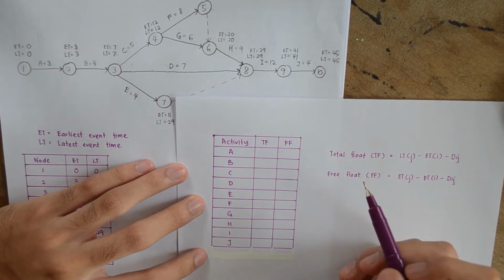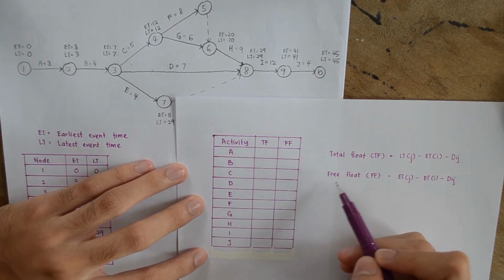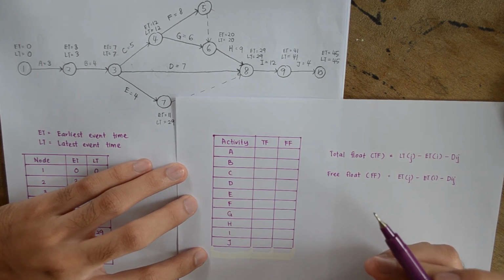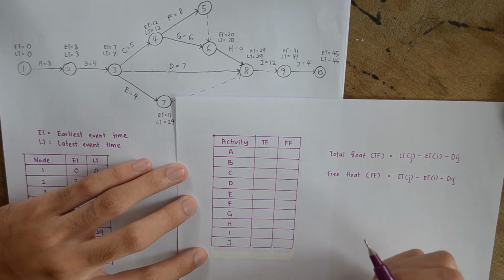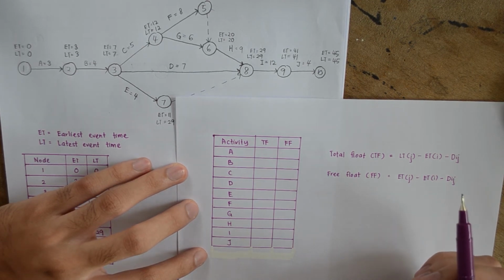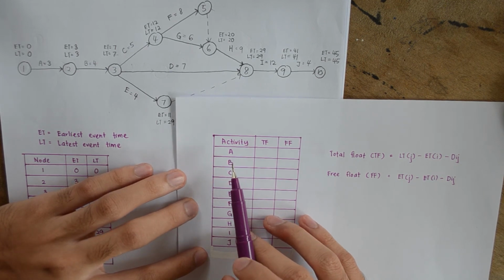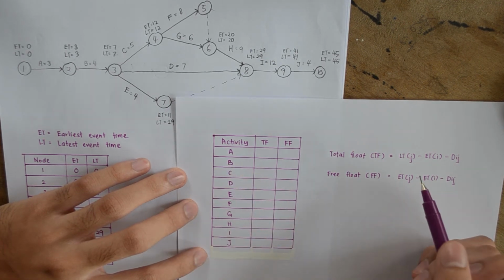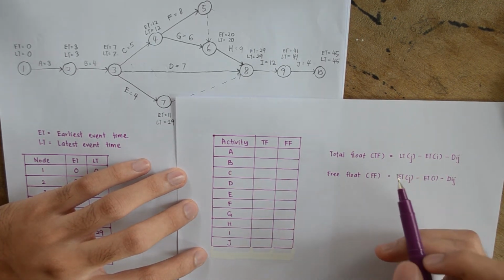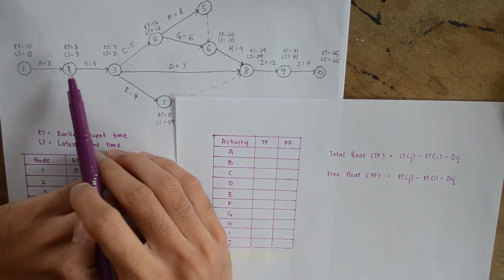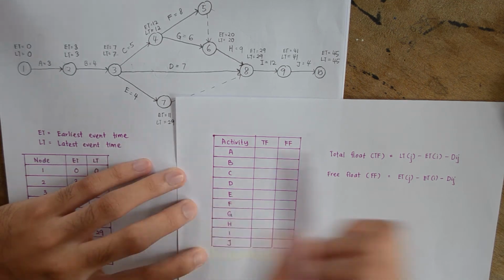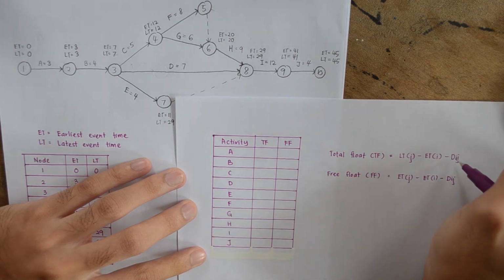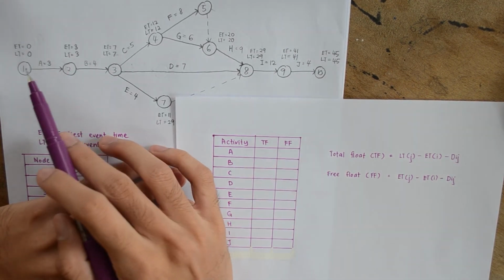So now we are trying to find the total float and the free float of the activities, so that we can know which activities can be delayed without actually delaying the completion of the project. So let's start calculating. For activity A, to find the total float, we must take the LT of the second node minus the ET of the first node, and then we also have to minus the duration of the activity in between the nodes.